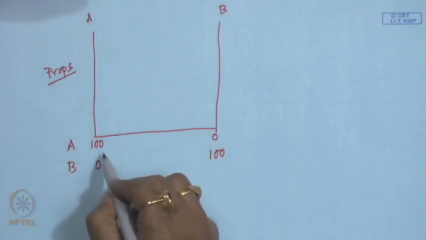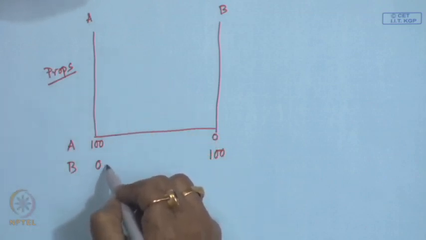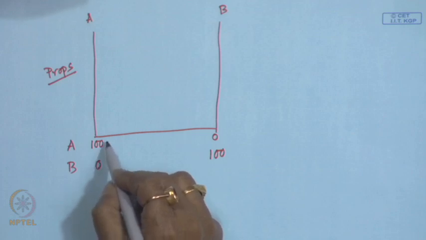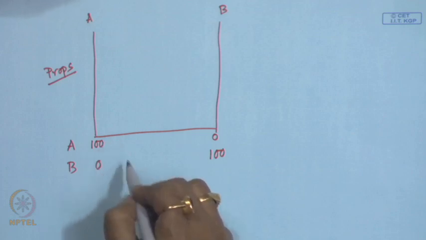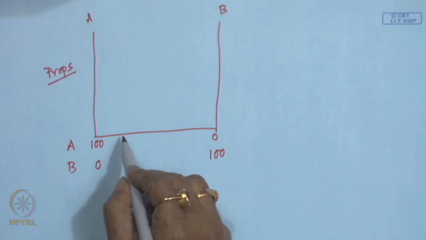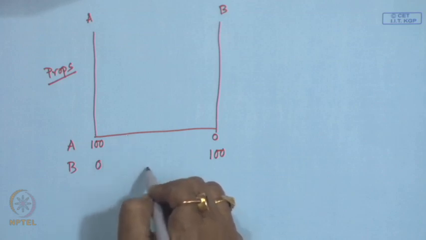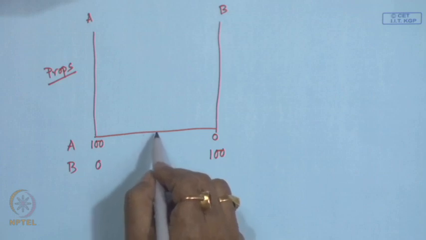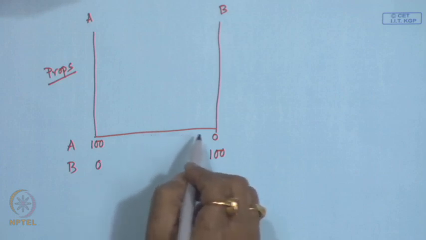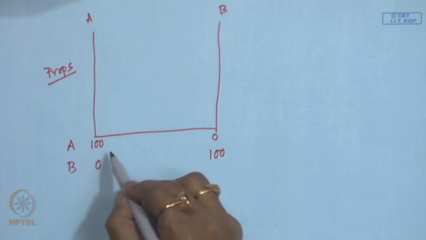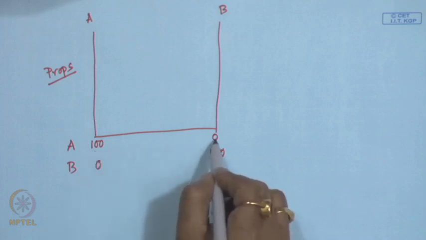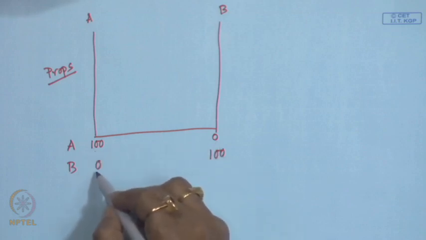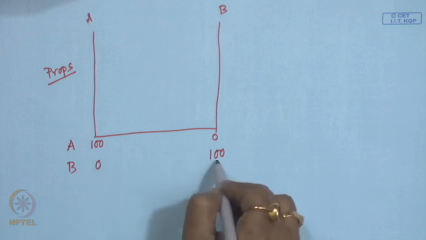When we mix say 10% of B with 80% of A, similarly 30% of B with 70% of A, 60%, 40% of B with 60% of A, 50, 50, and gradually decreasing the amount of A from here to this axis and increasing the amount of B from here to this axis.